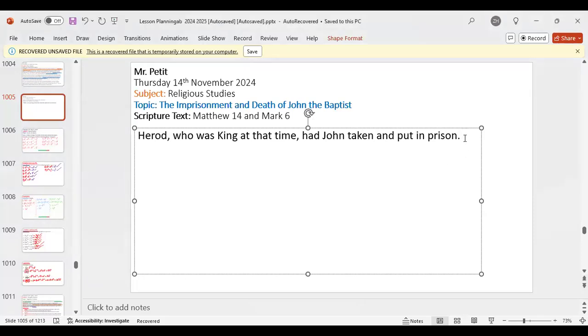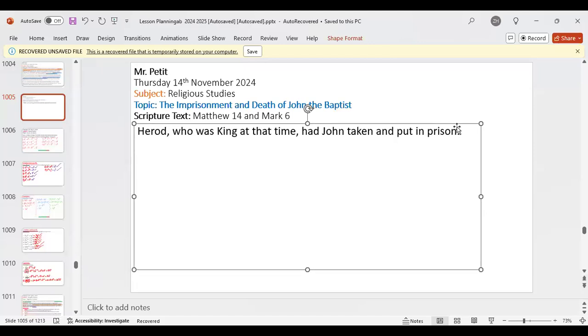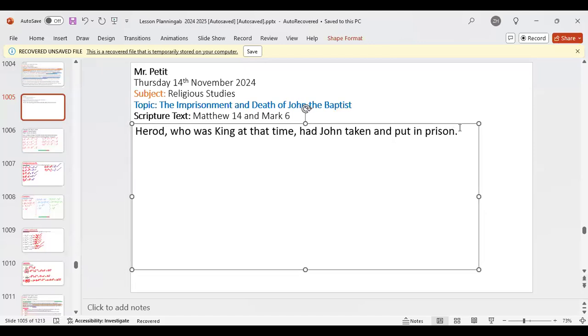What did John the Baptist do? He went against Herod's marriage. He said it was wrong to marry your brother's wife. Exactly, right?